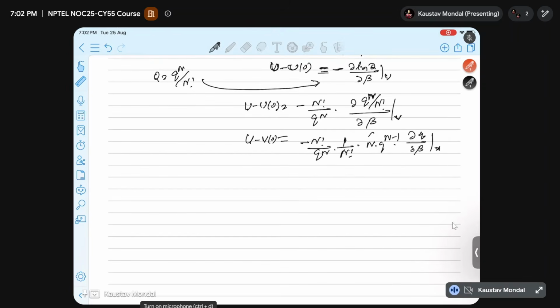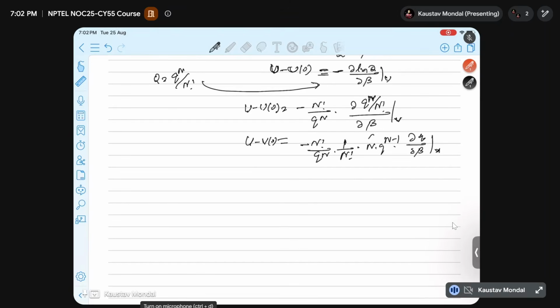So basically you do the derivative with respect to q^n, right? So q^n has the beta inside it. So if you do the derivative, this thing will cancel here also, and some terms will survive.